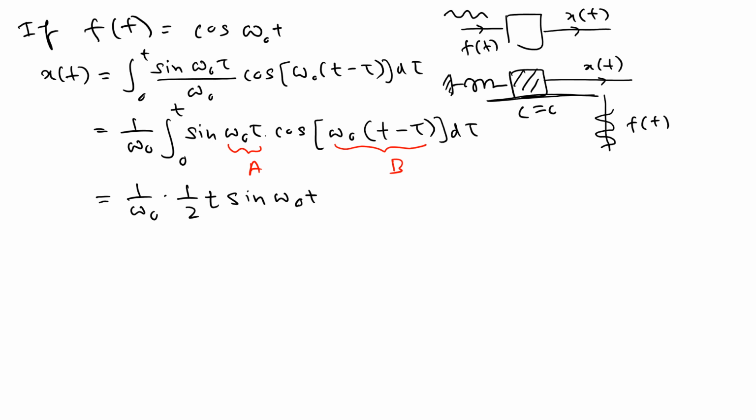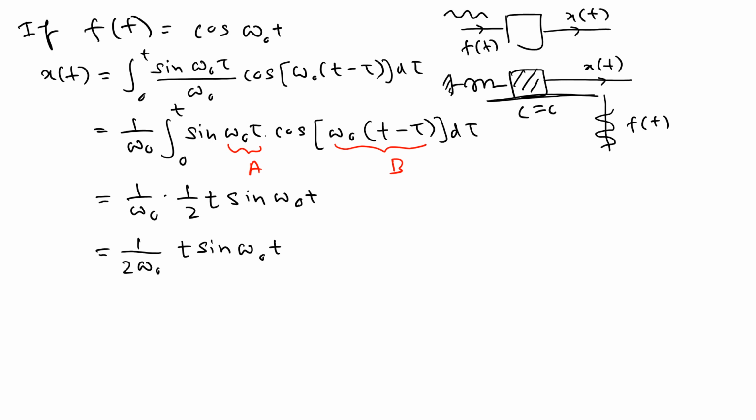That was the solution we obtained earlier, from the previous result. So you can pull out the 2 omega naught like that, and we have times t sine omega naught t.